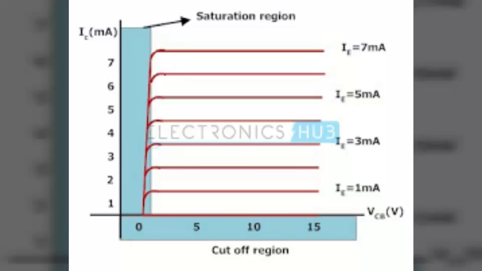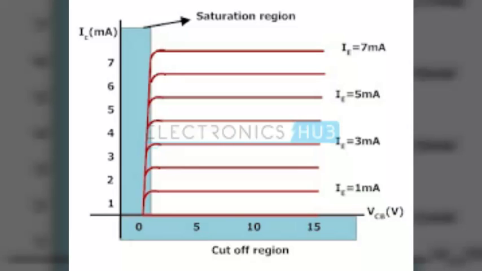Next are the output characteristics. It is the curve between collector current IC and collector-base voltage VCB at constant emitter current IE. Generally, the collector current is taken along the y-axis and VCB along the x-axis. The following figure shows the output characteristics of a transistor in common base arrangement. We can see there are three regions of the output characteristics.